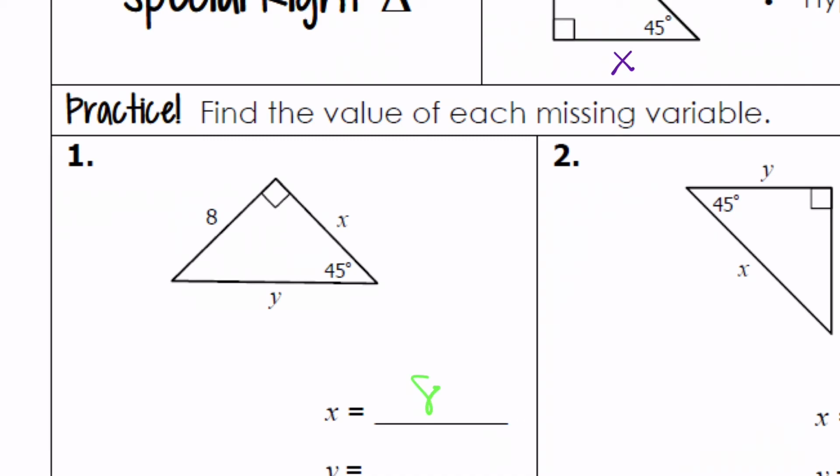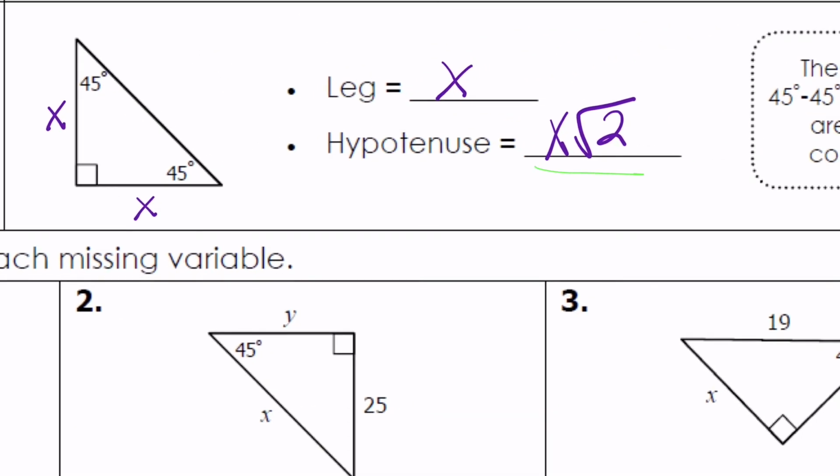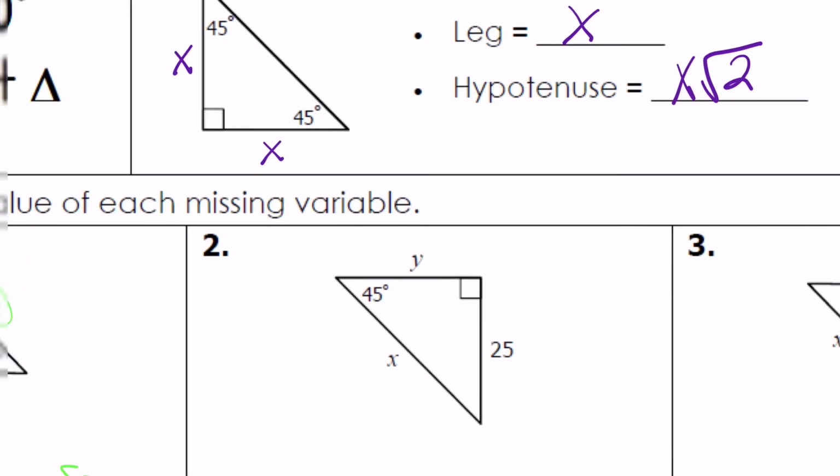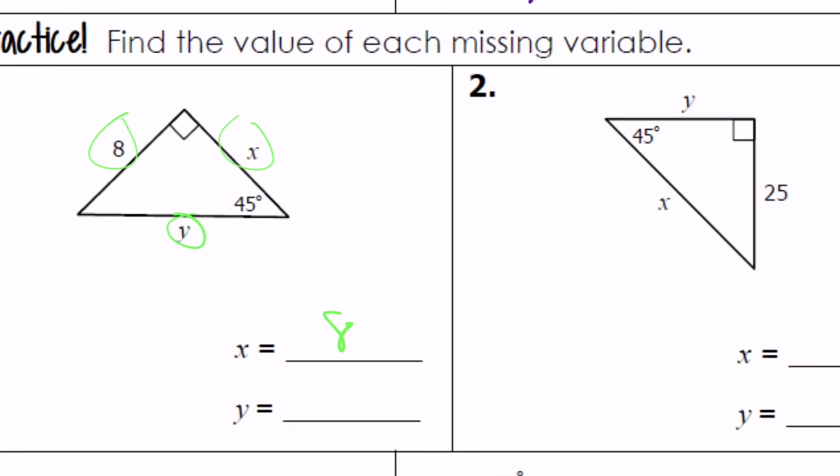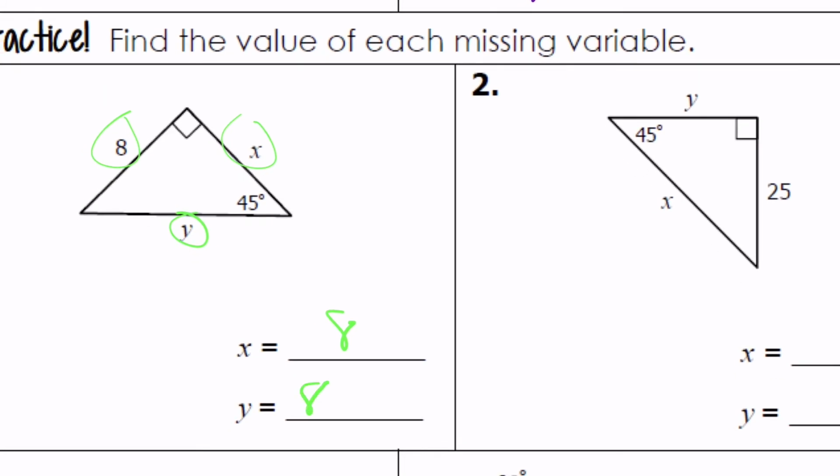When I know the legs, because this is the leg and these are the two other legs, I also know the hypotenuse because of this little handy formula up here. The hypotenuse is x, or one of the legs, times the square root of 2. And so that's how I leave that: 8 square root of 2.